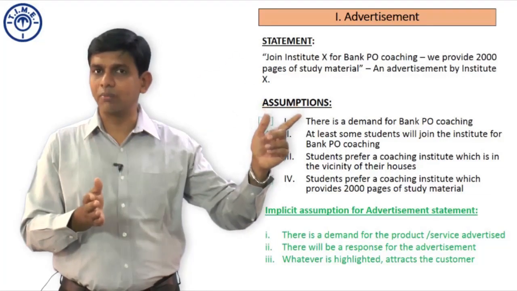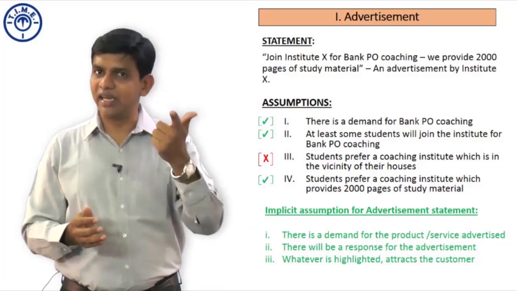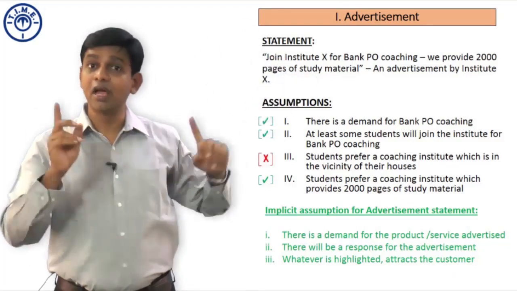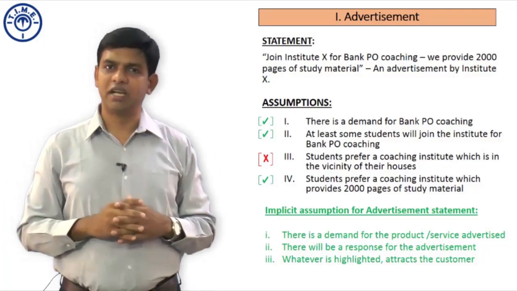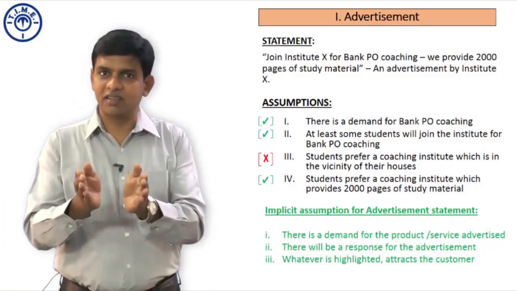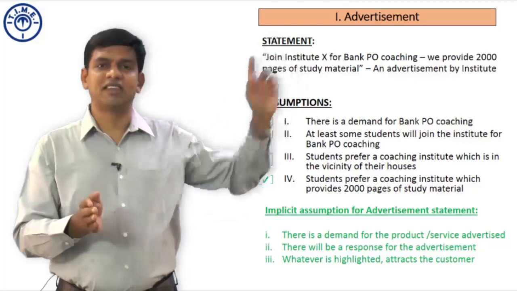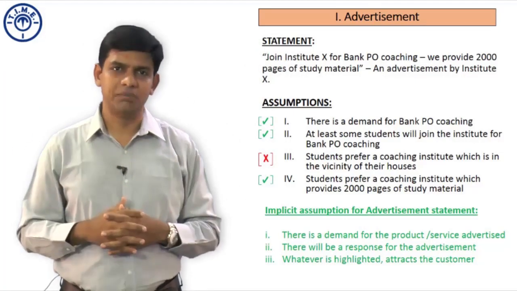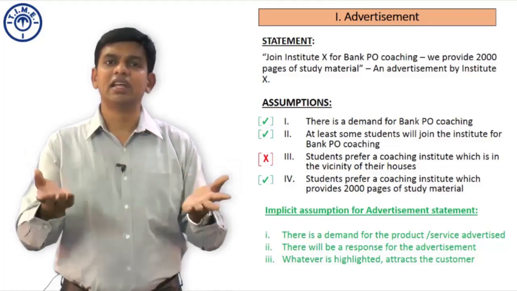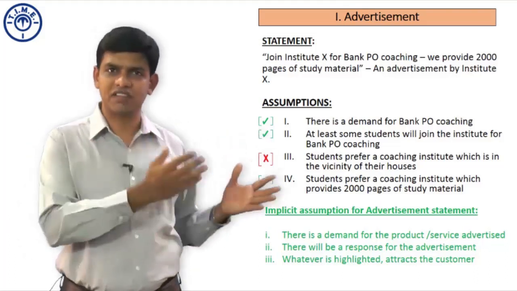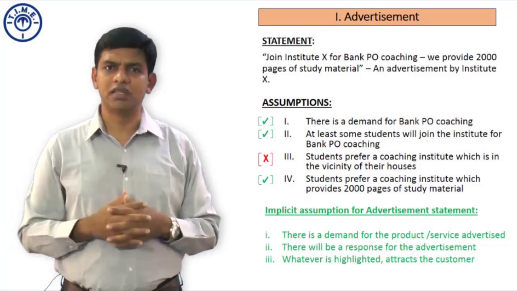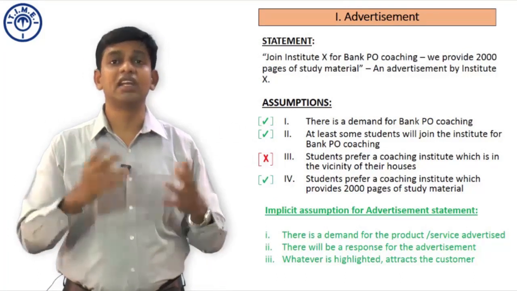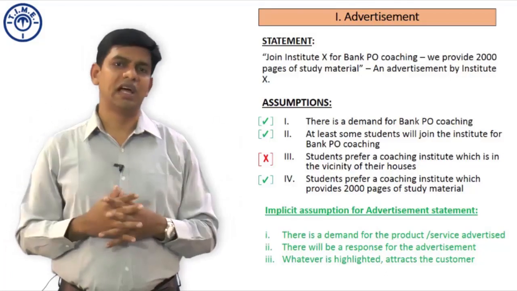Again, going back to the previous point, assumption is an idea or belief in the mind of the speaker, in this case Institute X, before he made this statement. So, I have to read this assumption in that sense, not as if I, as a listener, am reading this statement. So, the second aspect is, yes, at least Institute X believes that some people will join the course after seeing this advertisement. Hence, my second assumption is also an implicit assumption.